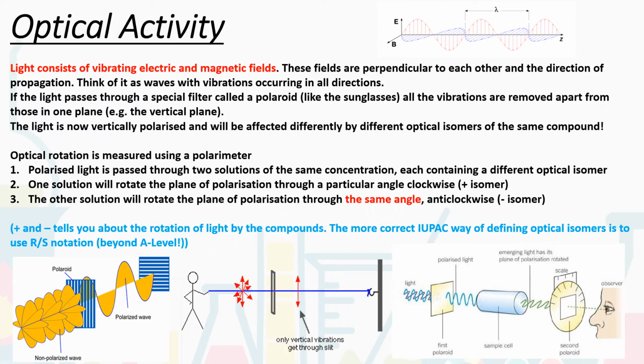But the really key thing to take away from this slide is that if we take our plane polarized light, either vertically or horizontally polarized, and then pass that light through our enantiomers, our optical isomers, one will be rotated clockwise, the other rotated anti-clockwise, and by the same amount.